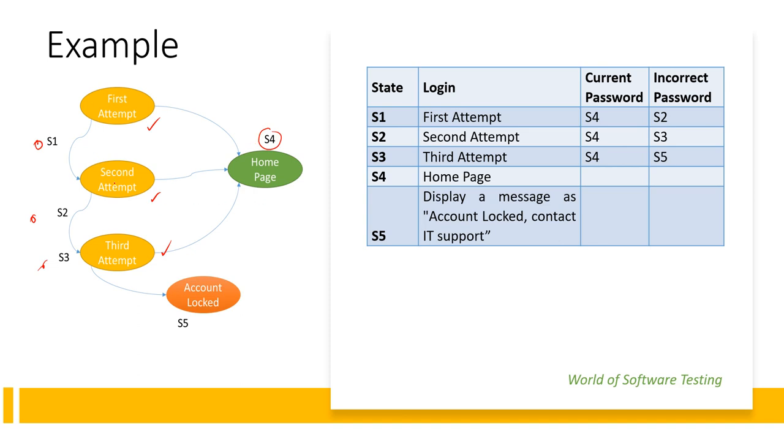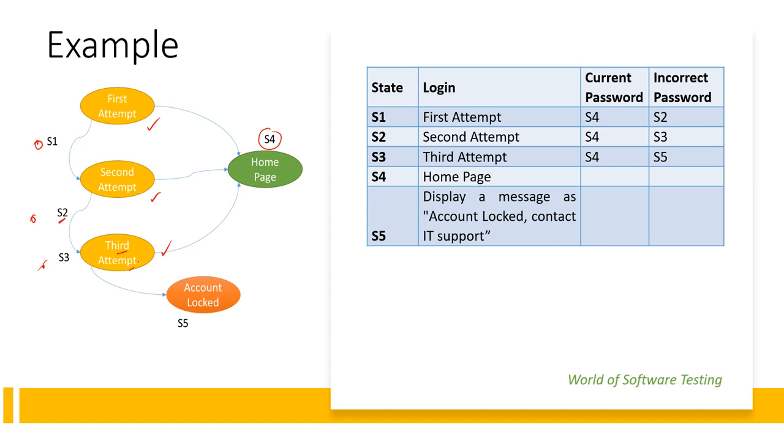Similarly, if we enter it wrong, then it will go to the second attempt, and if we again enter wrong in the second attempt, it will turn to state 2, and if we then enter it correctly, it will go to the home page, that is the S4 state. At the second attempt, if we again enter the wrong password, then we have only the third attempt, and if we then enter it correctly, we can go to the home page.